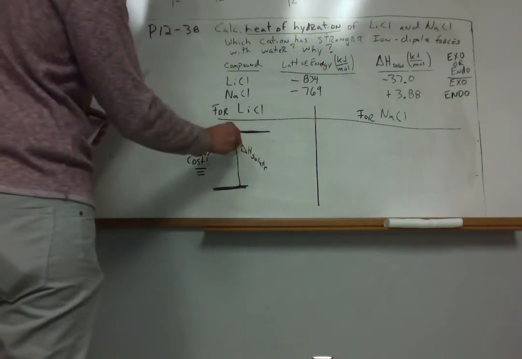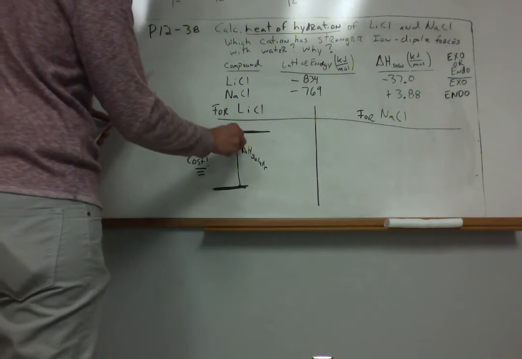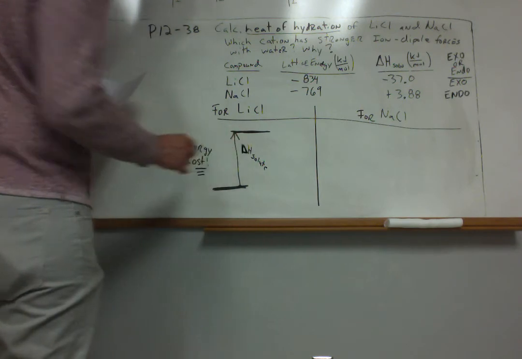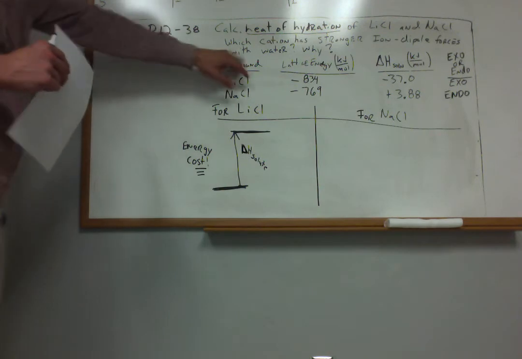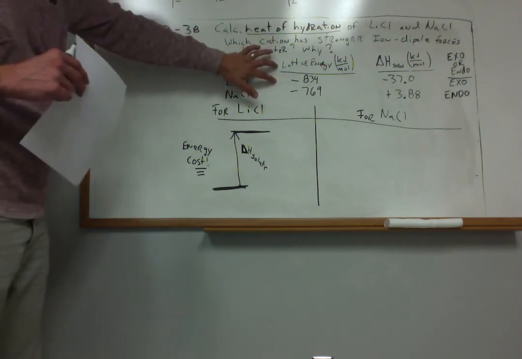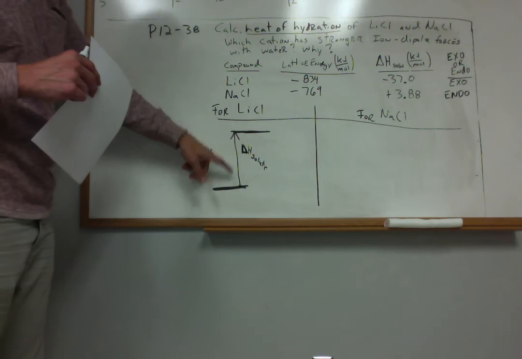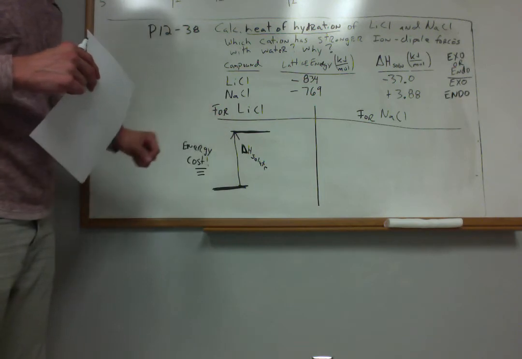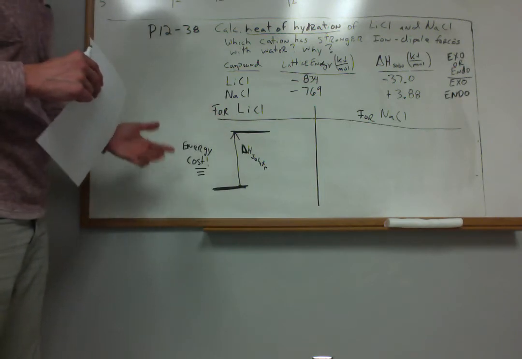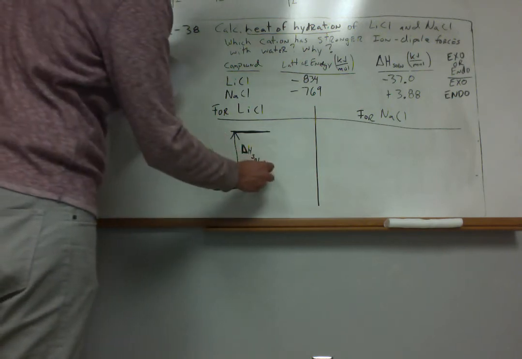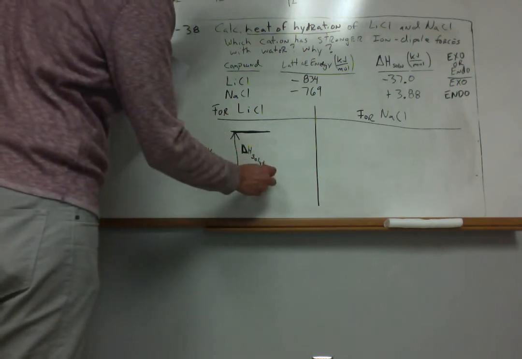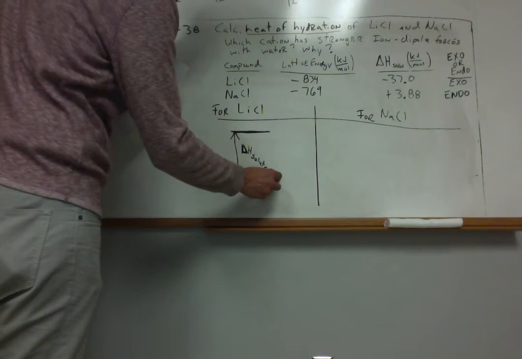Delta H, this is a triangle. Delta H solute. Now, for ionic compounds, we use this business of lattice energy to help guide us to predict how big of an energy cost will be required. And to make a long story short, delta H solute is just equal to the negative of the lattice energy.